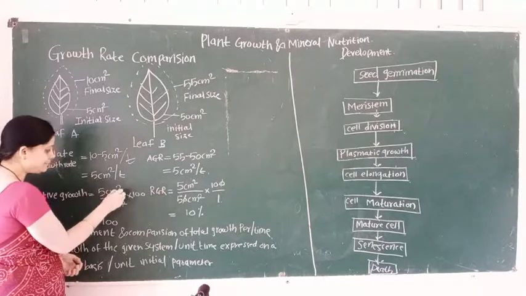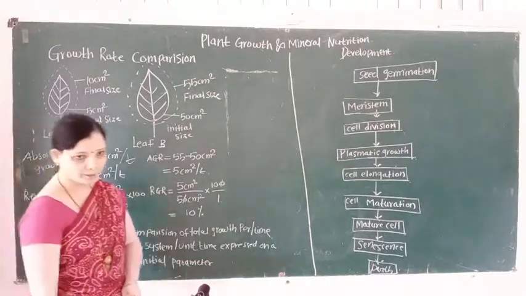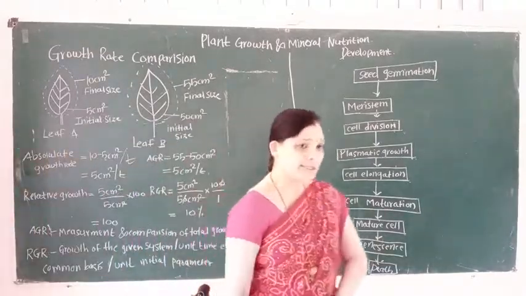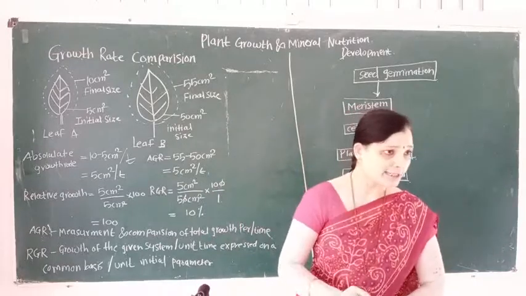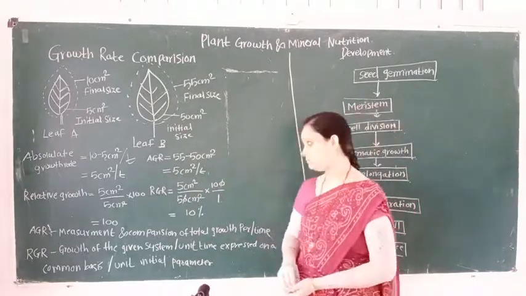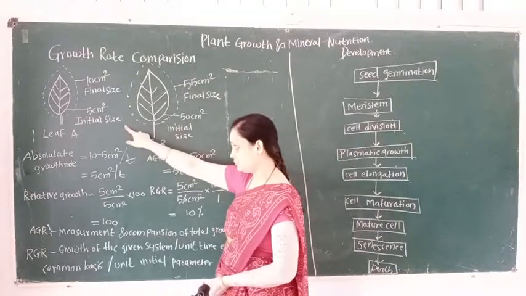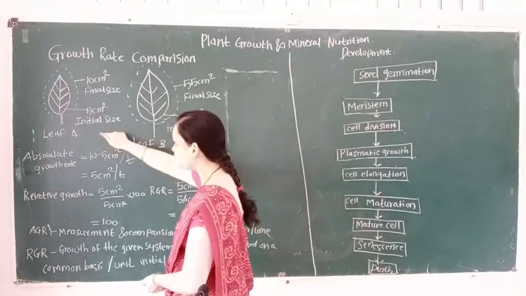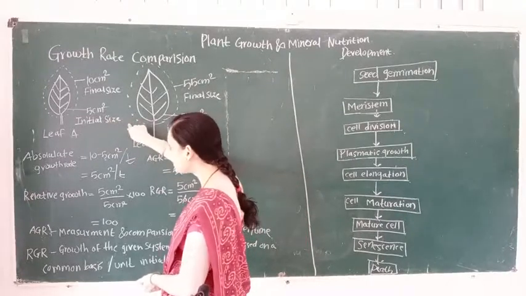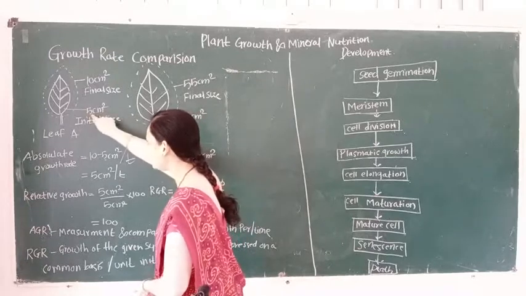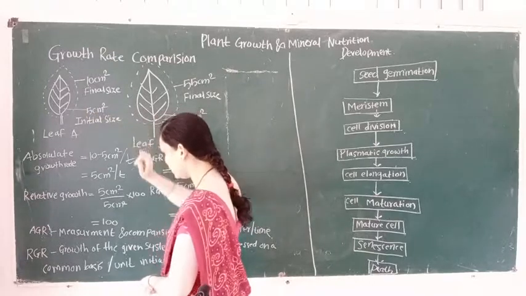This is the absolute growth rate, and this absolute growth rate is divided by the initial size. What is the initial size of leaf A? That is 5 centimeter square.